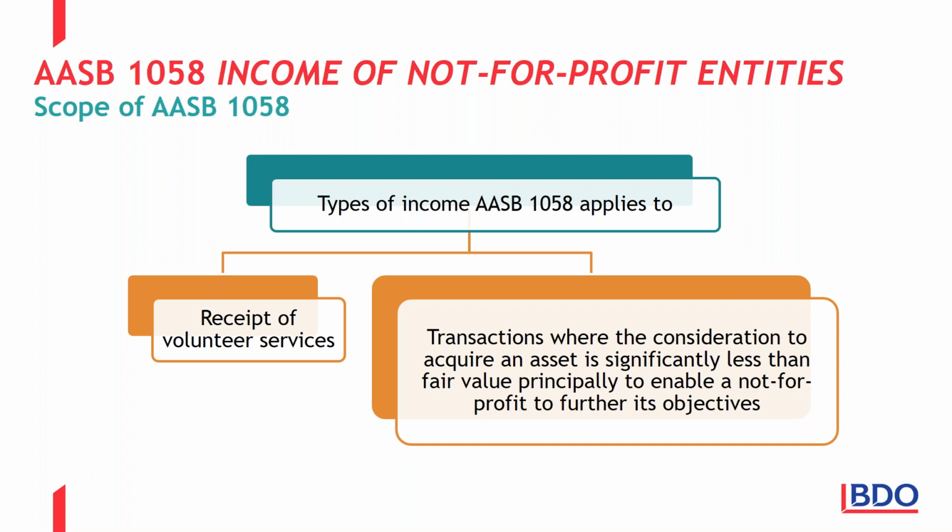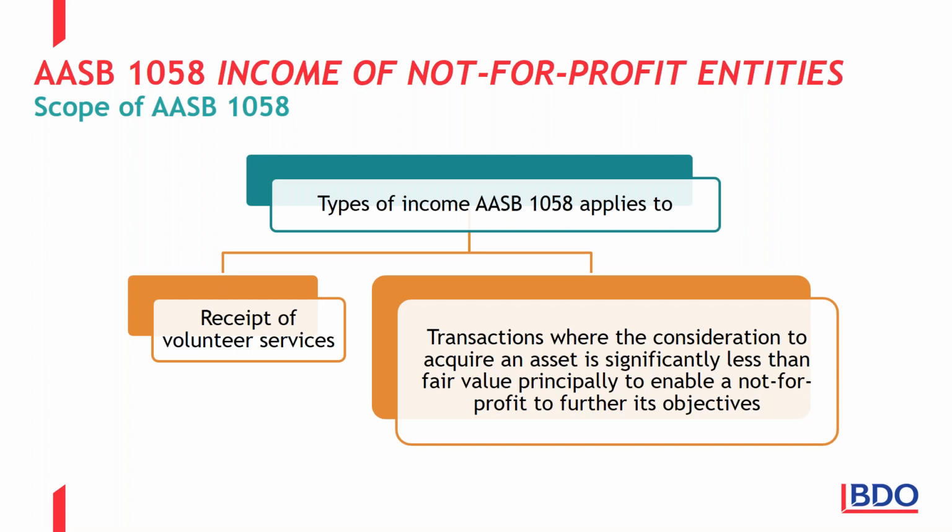And a lot of our clients are in that situation, receiving government grants to acquire assets. If you look at other transactions where we apply AASB 1058, so it's not just where you've received cash to buy non-financial assets, AASB 1058 applies to two broad types of transactions.